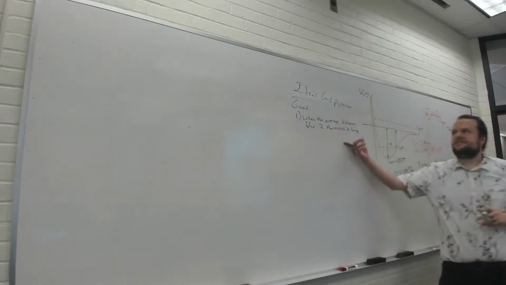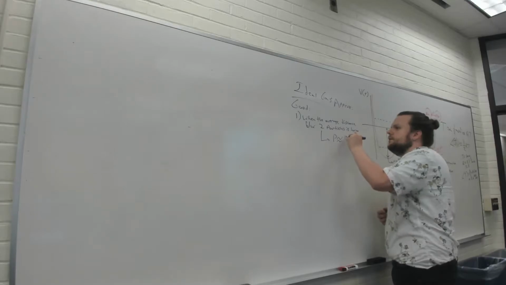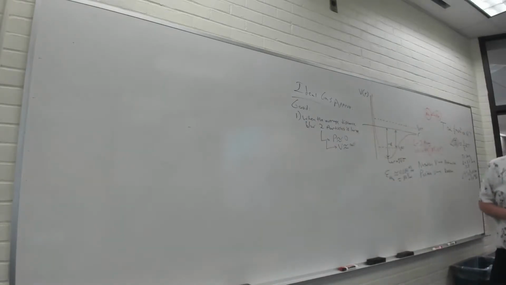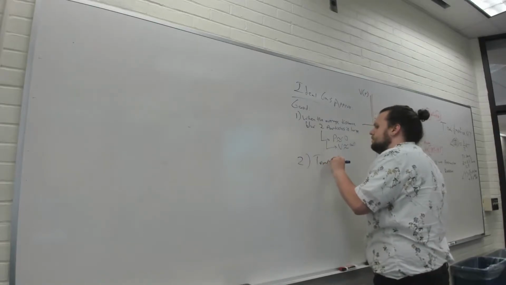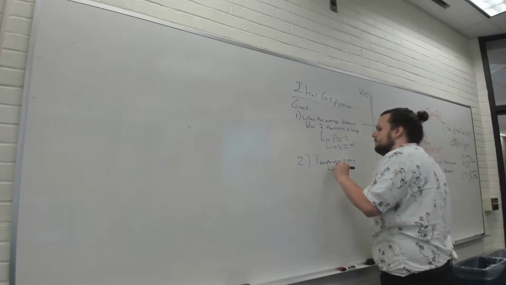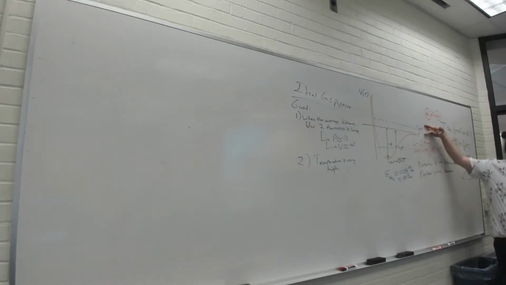An equivalent way of saying this is either that pressure is close to 0 or volume is close to infinite. If you have an infinite volume, then the distance between two atoms on average is infinite. Or temperature is very high. And the reason why a high temperature gas is a good ideal gas is because it has enough kinetic energy to basically cancel out all the potential energy of attraction.